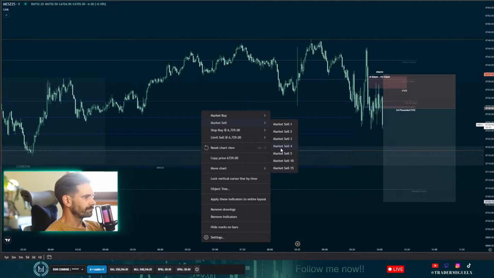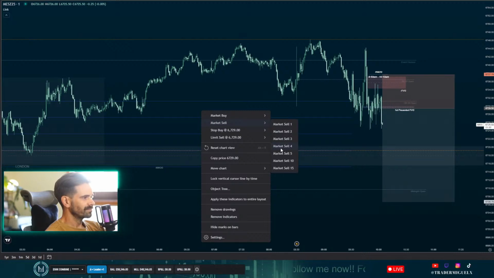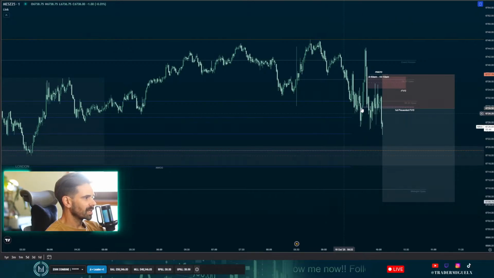Damn. Let's see if we will have some sort of a retrace here. But it seems like we don't. Yeah, so far this price action has been quite awful.